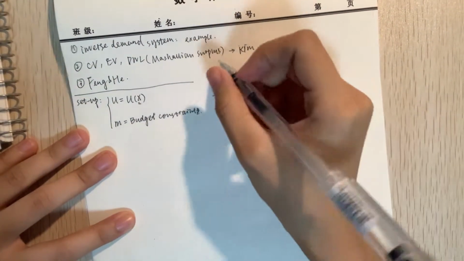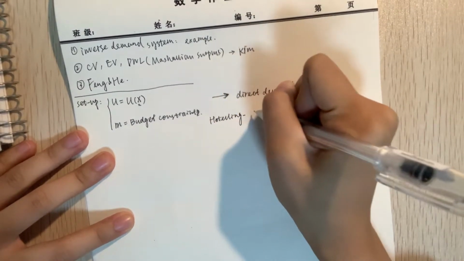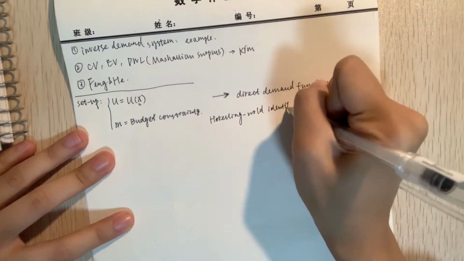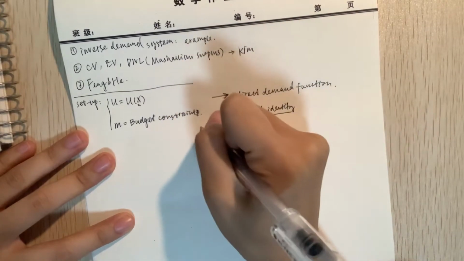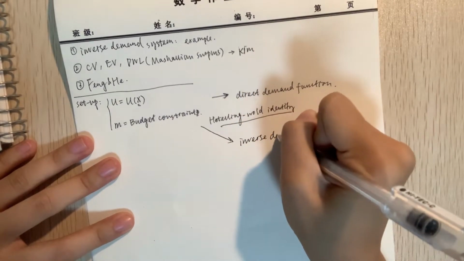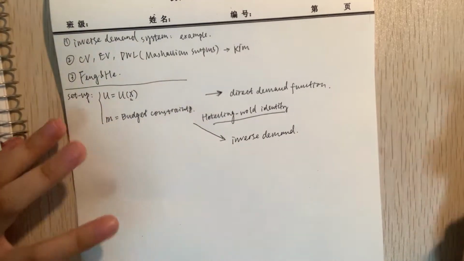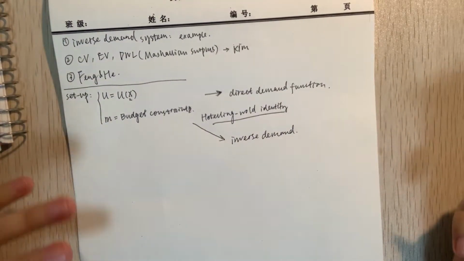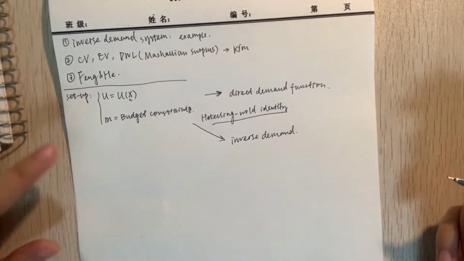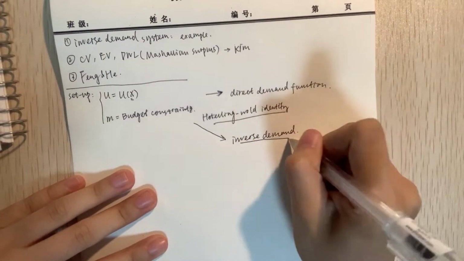But Hotelling and Wold proposed an identity, and Kim used this identity to go directly from here to derive inverse demand. This is quite complicated and presented in the paper, but I don't think it matters a lot here. It's just a way to go from the original setup to the inverse demand system.